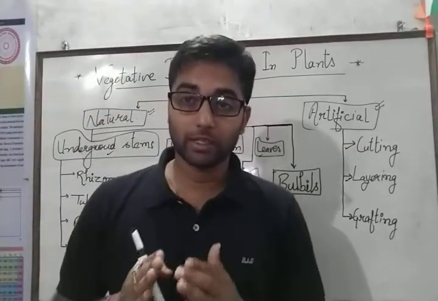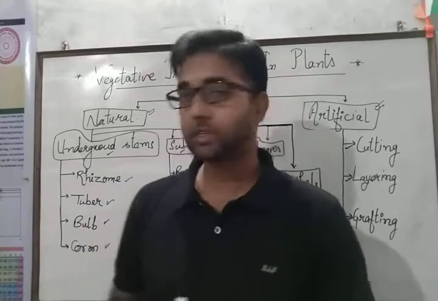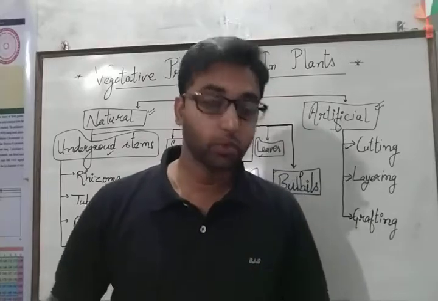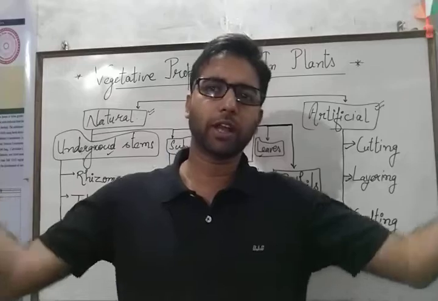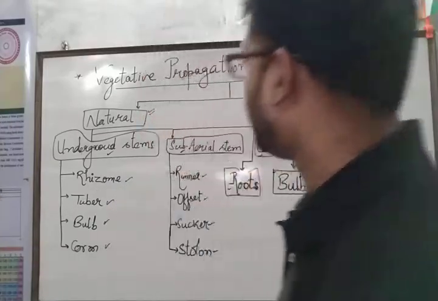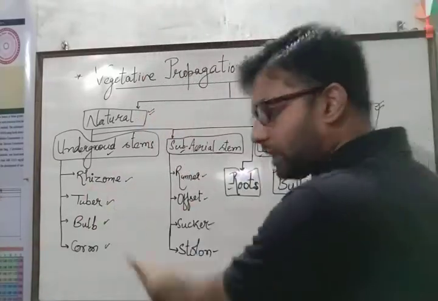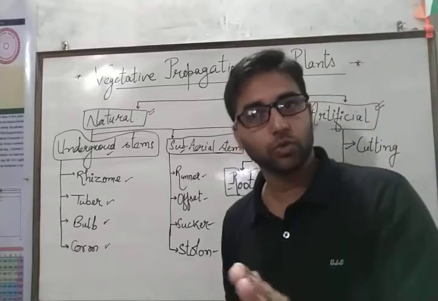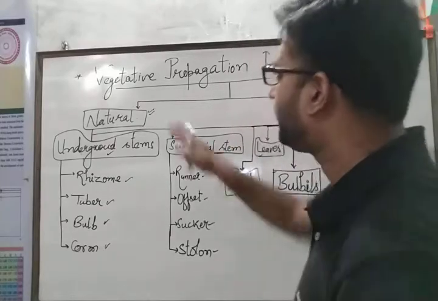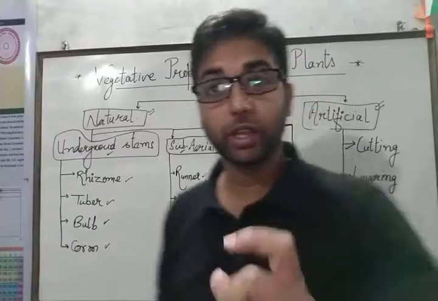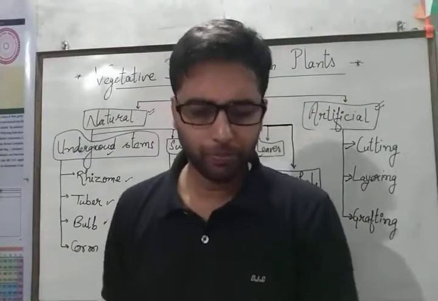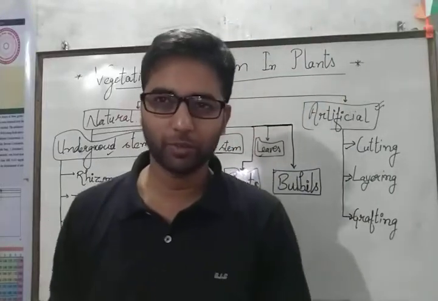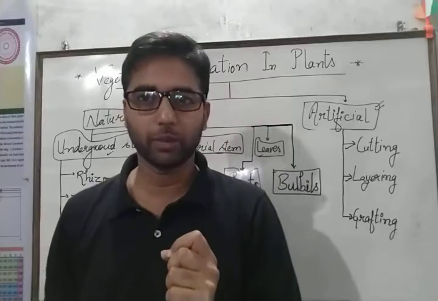Now, what is natural vegetative propagation? Nature is very wise and always has some devices to spread itself in a variety of ways. That's why nature adopts another phenomenon other than asexual and sexual reproduction. Although we study vegetative propagation in asexual reproduction, it is slightly different from exact asexual reproduction.